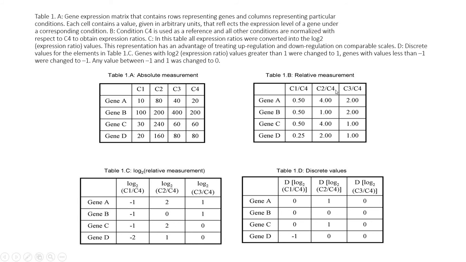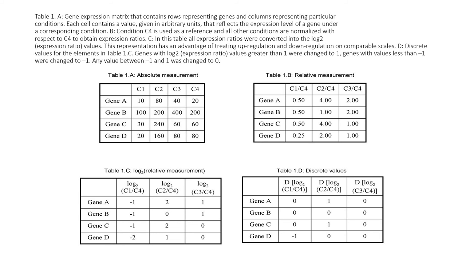Now here you can see this value is 4, and here it is 2. In the base 2 logarithmic transformation, it is 2 in table 1C, and in table 1B it is 4. So this is the value that is greater than 1, so it is shown as discrete value 1. Now 0, because this C3 divided by C4 is 1, so it is shown as 0.